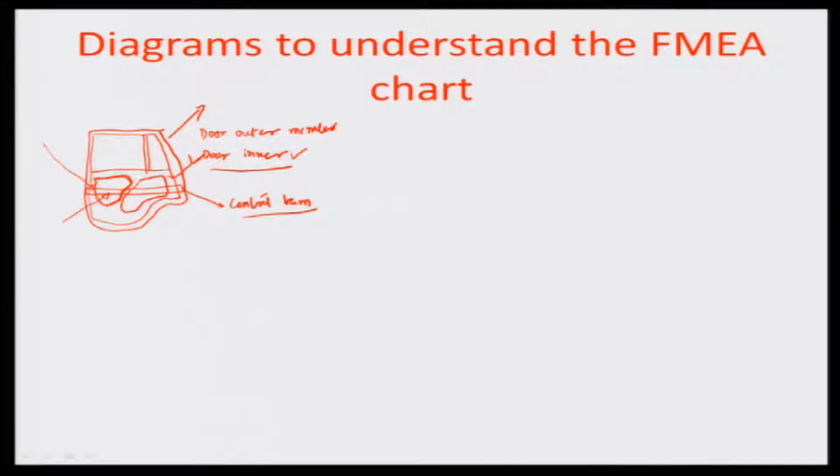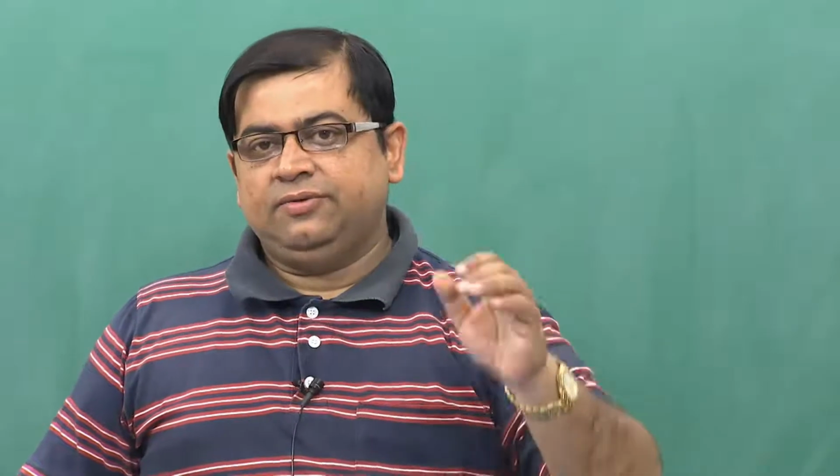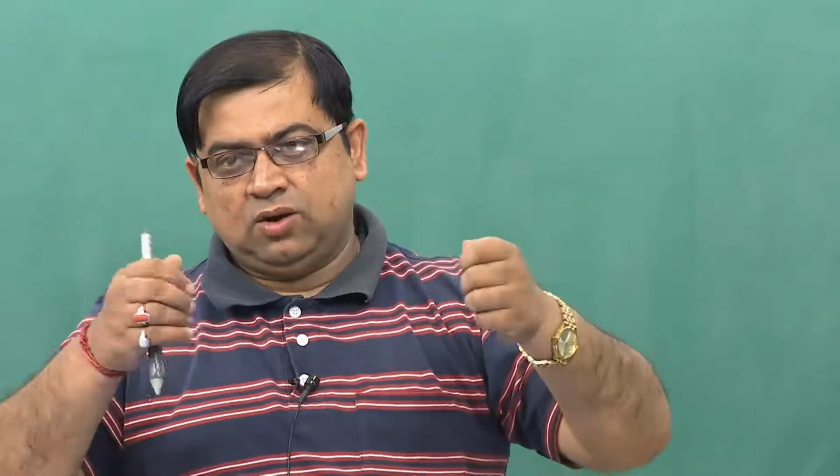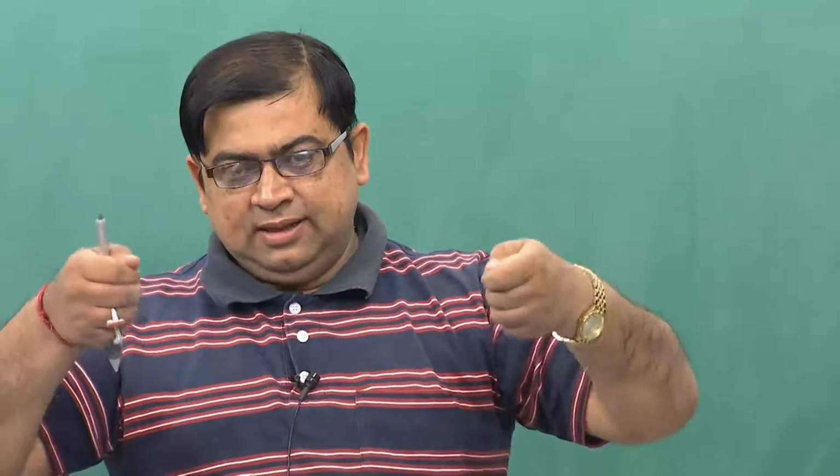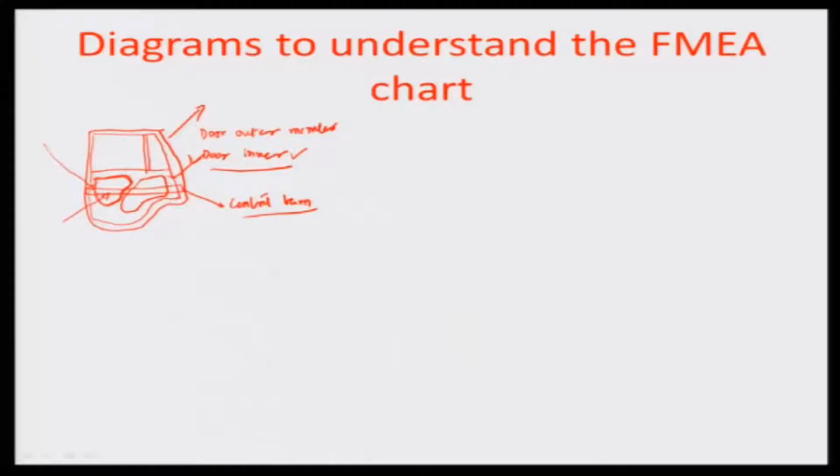And typically the way that the assembly happens is a weld assembly, where the outer and the inner and the center members are all put in a jig, and the hemming is done on the edges here. So there are spots related to doing the hemming in all these different regions, where these 3 sheets would be meeting together, and you can have welded spots in almost all these different areas, as you can see here in the door.